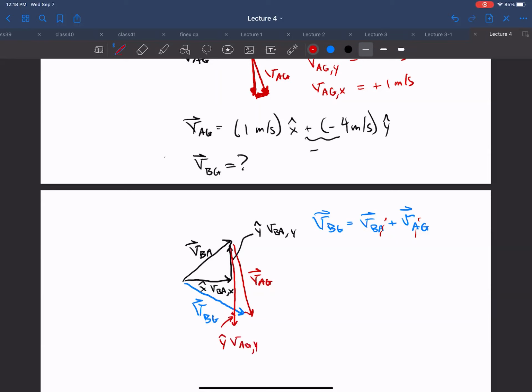It shouldn't go quite so far down, should end about there. And then finally, I can add in x hat times VAGX.